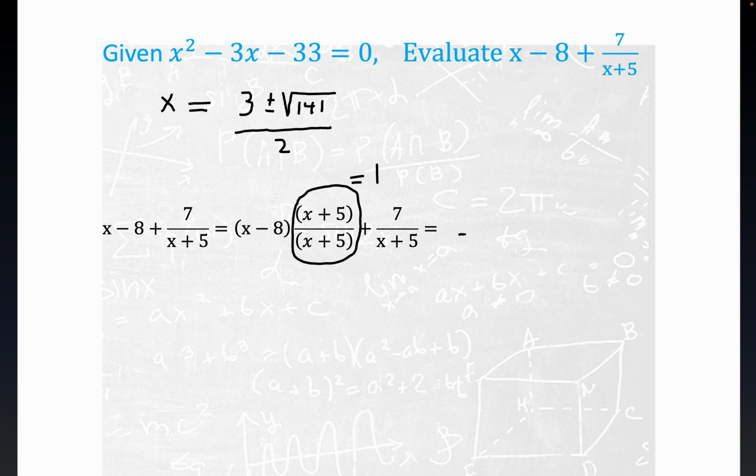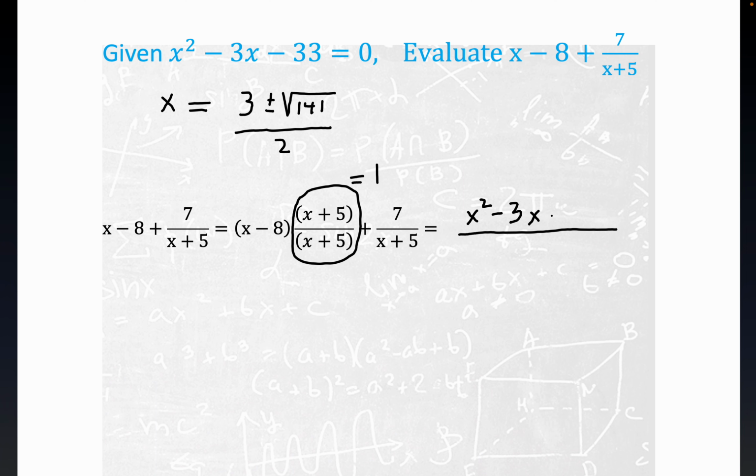Let me come over. What we end up with here when we FOIL this out, when we expand x minus 8 against x plus 5, I'll just write the result down. We get x squared minus 3x, and then what do we get there?